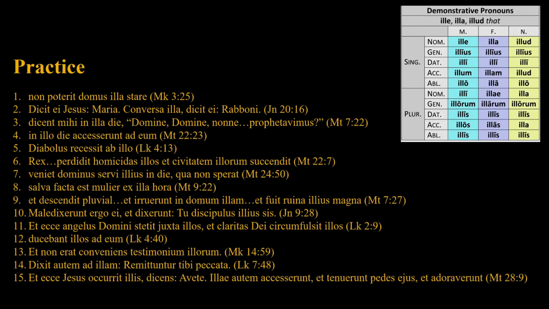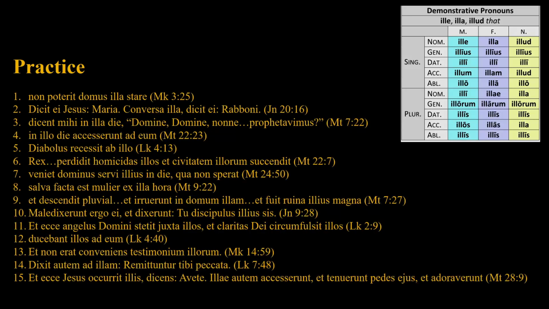Okay, number 10. Maledixerunt ergo et dixerunt. So maledixerunt, they cursed, ergo, so, therefore, then, so, maledixerunt, they cursed him, literally kind of they cursed to him, et dixerunt, and said, tu discipulus illius sis.